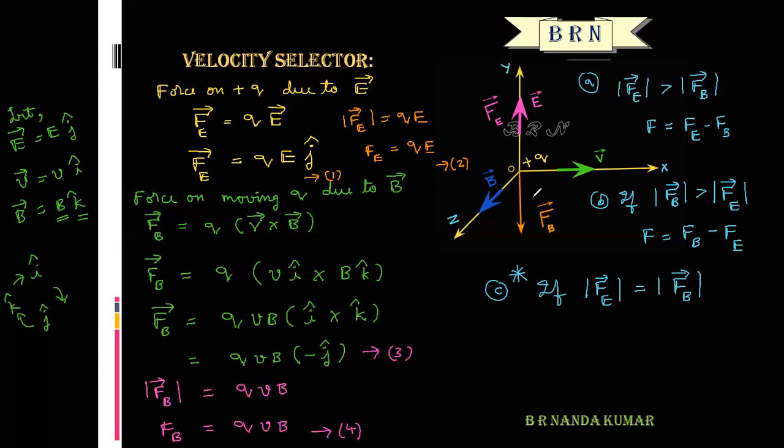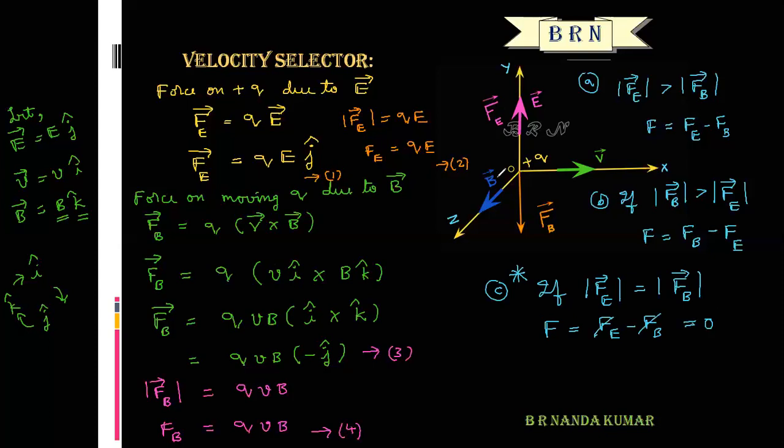By adjusting the electric field and magnetic field until the net force acting on charged particle is zero, the FE vector magnitude is equal to the magnitude of FB vector. So what is the net force acting on charged particle? That is FE minus FB. Both are equal, they cancel. That is equal to zero.